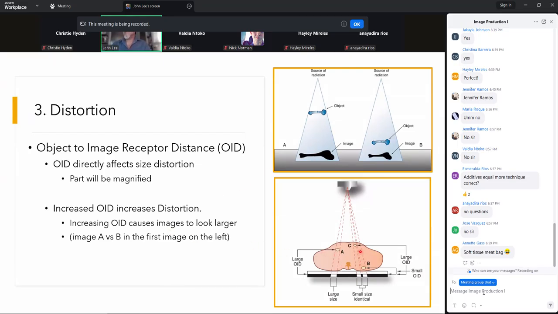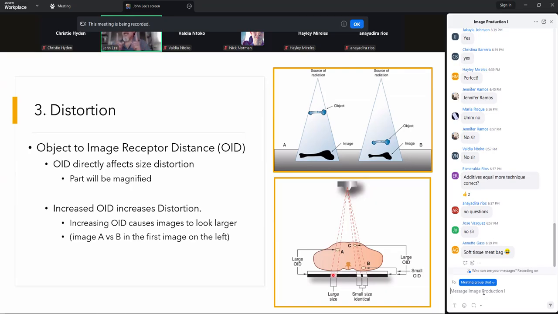If we look at this image down here, we see A having a large OID being projected to a large size on our image receptor. Object B physically is the same size as object A, but because of that decreased OID, it does not appear as large.